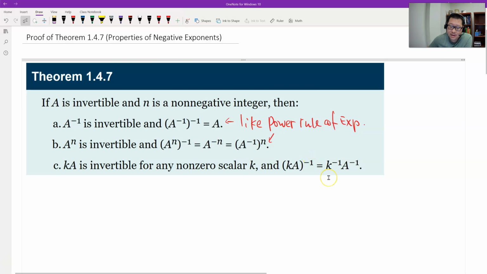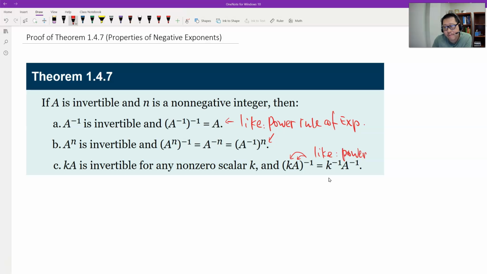You can distribute, like a product: k is a number, and the power of negative one of a product distributes to k and to A. This is like the power of a product rule of exponents we learned before.